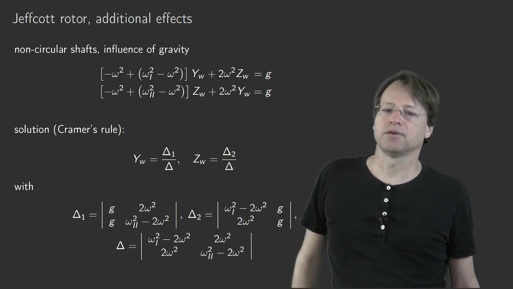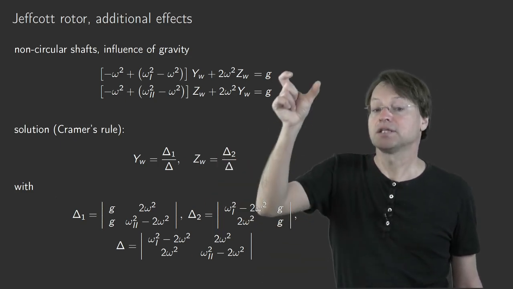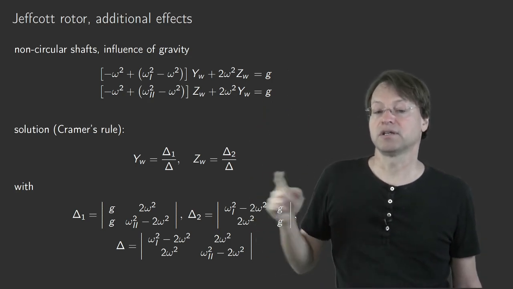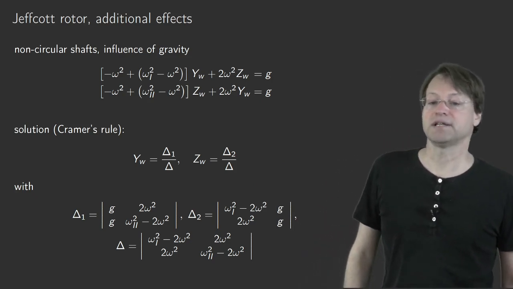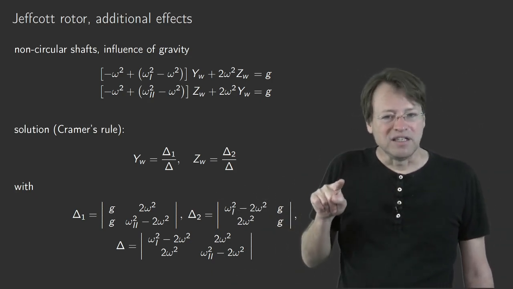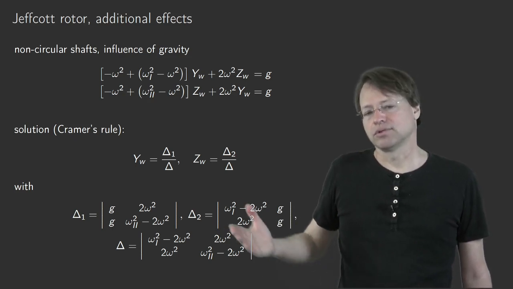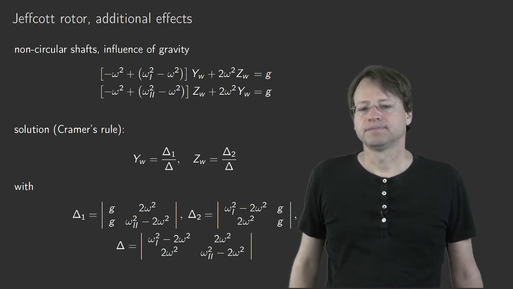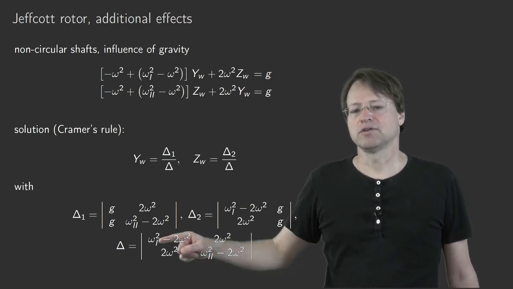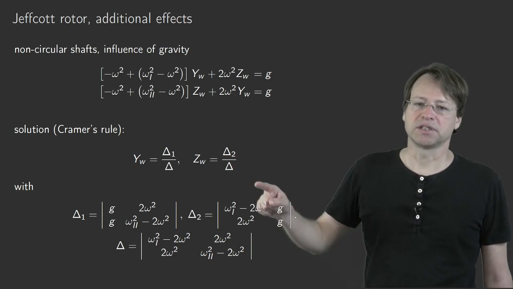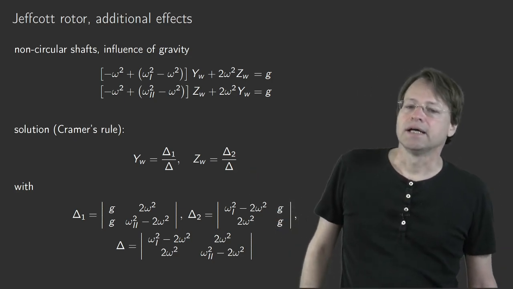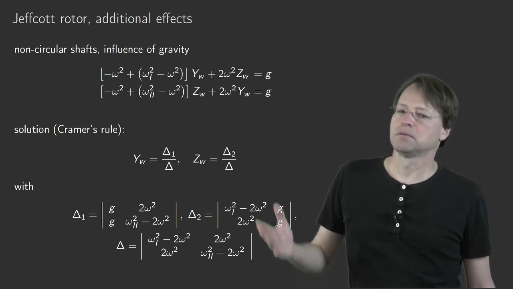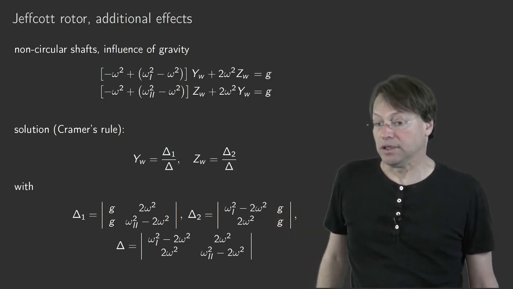And for Z, you replace the second column of the coefficient matrix by G, G. You take the determinant and divide by the determinant of the coefficient matrix. So let's state these matrices first, and then we will compute on the next slide the determinants, especially the determinant of delta, which is decisive here if we study the roots of that polynomial in omega in order to find perhaps new critical speeds.